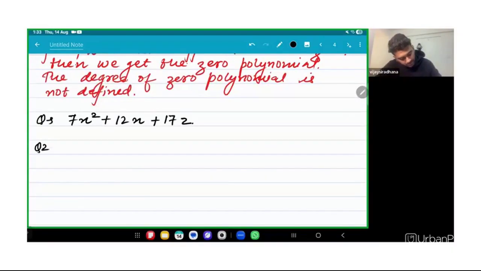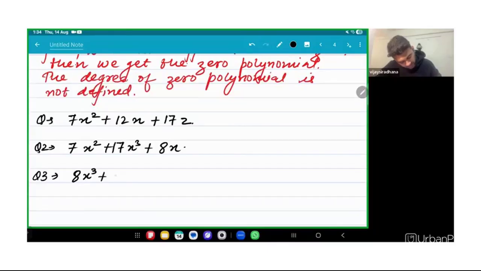Question number 2: 7x square plus 17x cube plus 8x. Question number 3: 8x cube plus 18y square plus 28z.